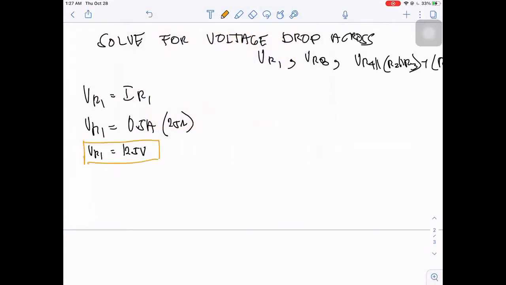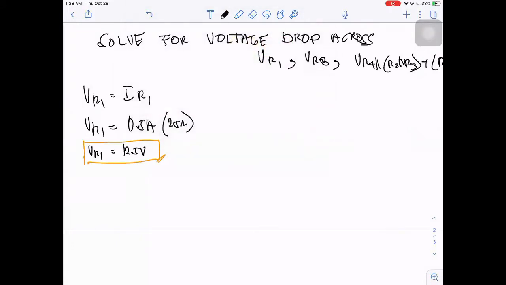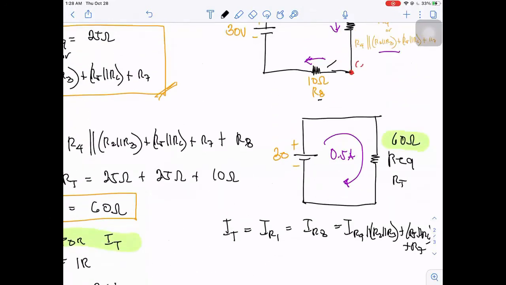Okay. And we can also solve for VR8. VR8 is equivalent to 0.5 ampere times the resistance of R8. You can remember, R8 is equivalent to 10 ohms.